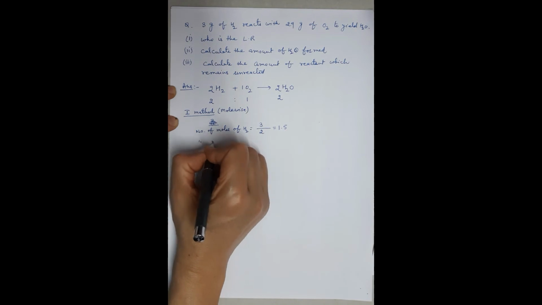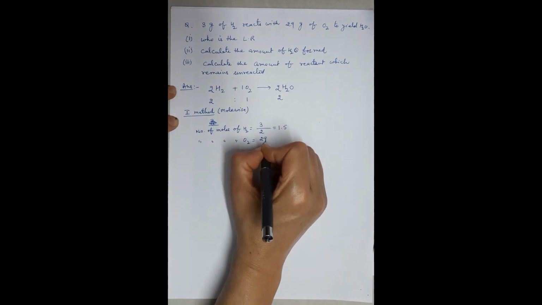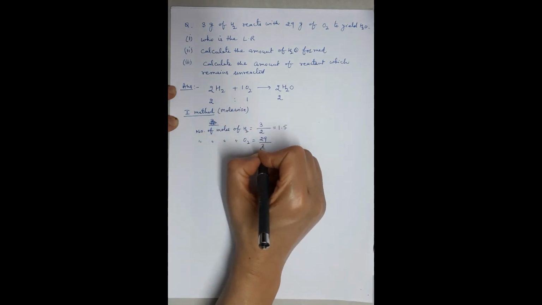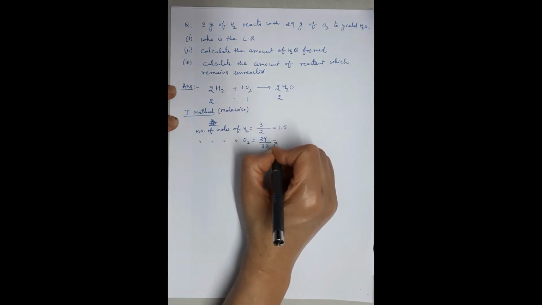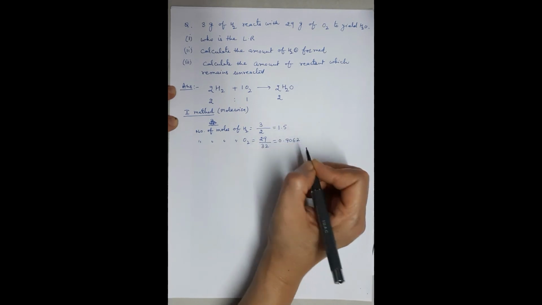Similarly, find out the number of moles of O2. Given amount is 29. 1 oxygen is 16, 2 is 32, so 29 by 32. So number of moles is 0.9062.